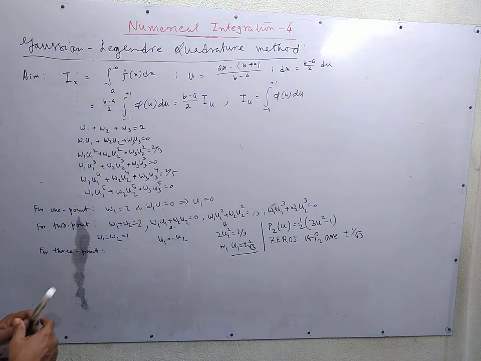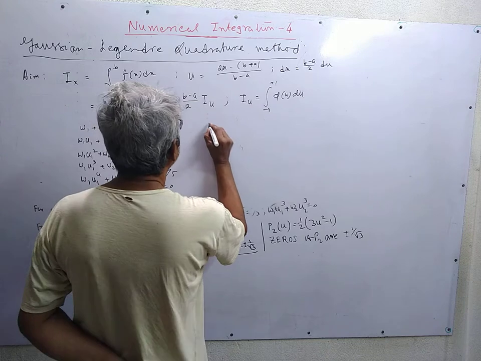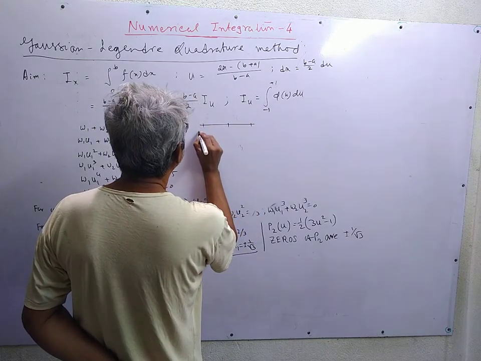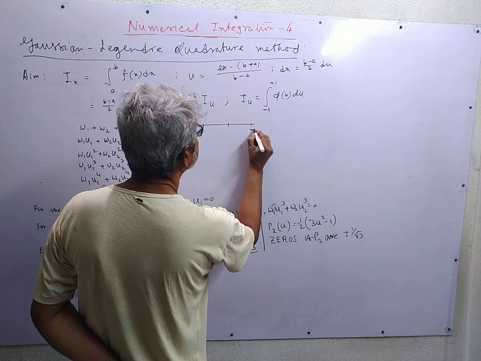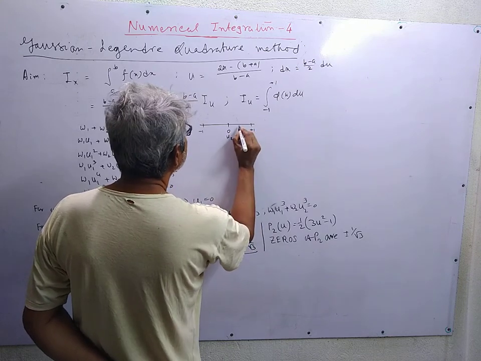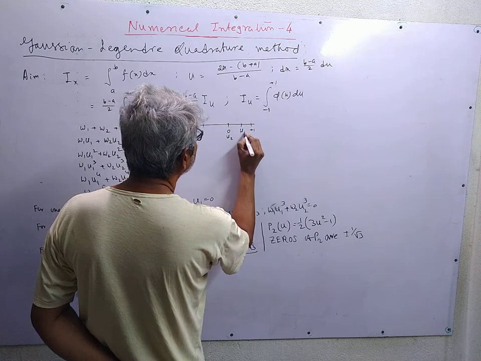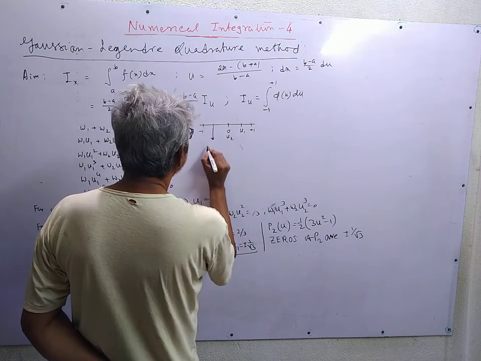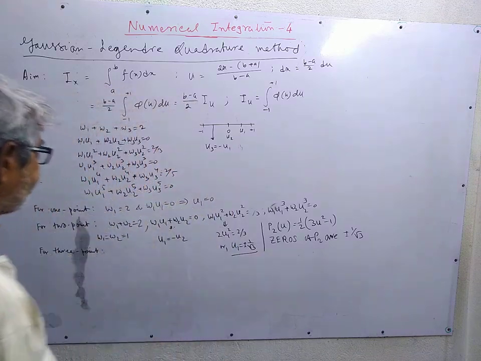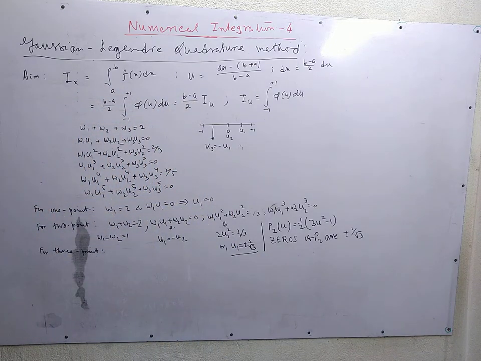But one thing, if we are looking for symmetric points between plus minus 1, then u2 is this, and if we choose u1 over there, then u3 must be equal to minus u1. This is a drastic simplification.